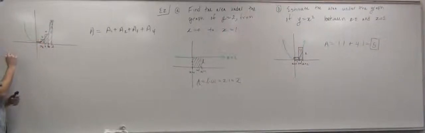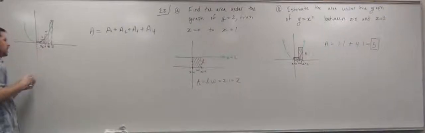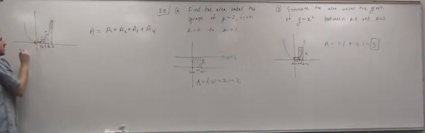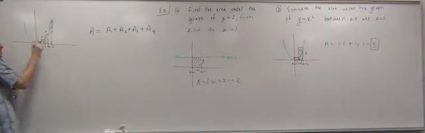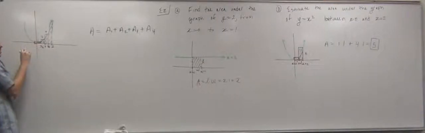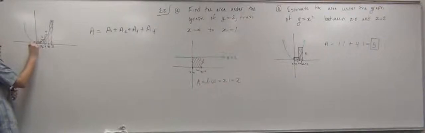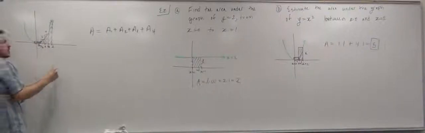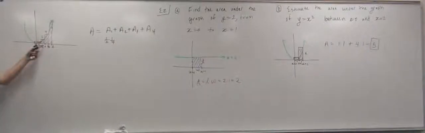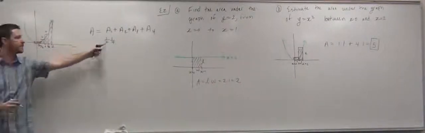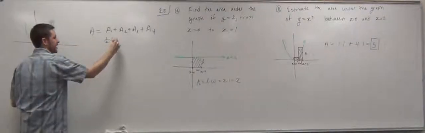So when you do length times width for the first one, the width is 1/2, but this distance here is 1/2, and the height is 1/4. So this will be 1/2 times 1/4. You square 1/2 to get the height, and then you take 1/2 as the width. What about for the second area?